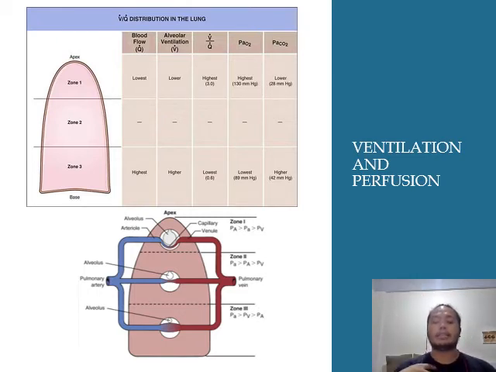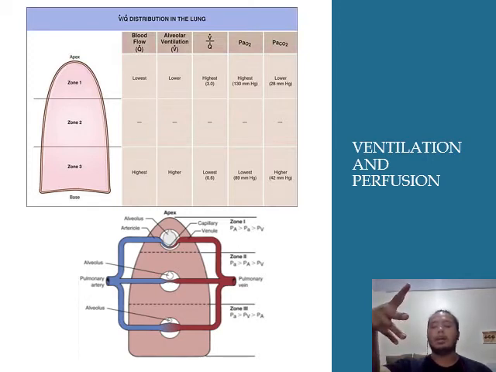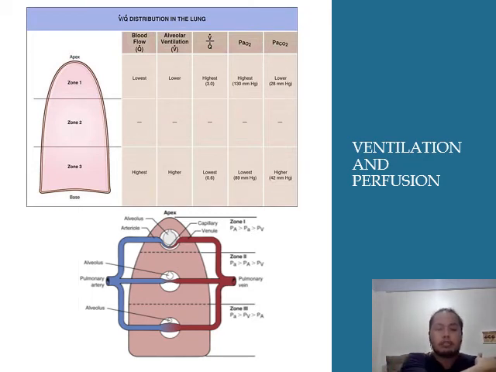If you're standing up and you take a deep breath, the tendency of the gas is to move downwards because of gravity and the orientation of your bronchi. So at the apex, the air that goes up is limited. That's why it's the area with lower flow of air, or ventilation.